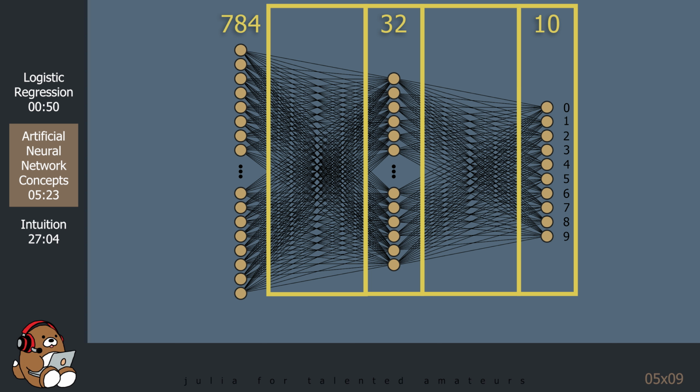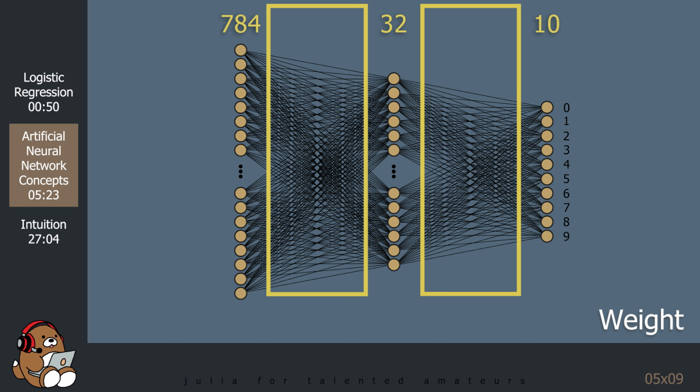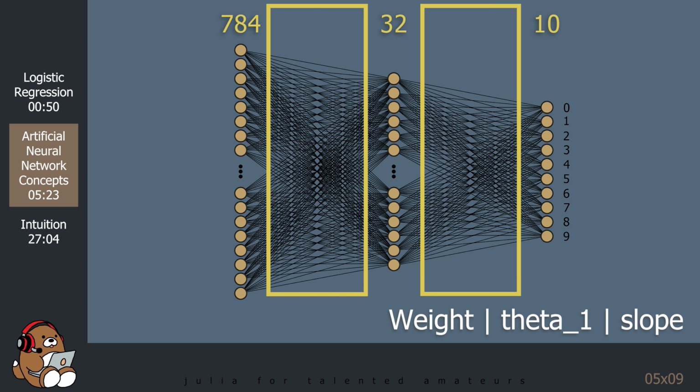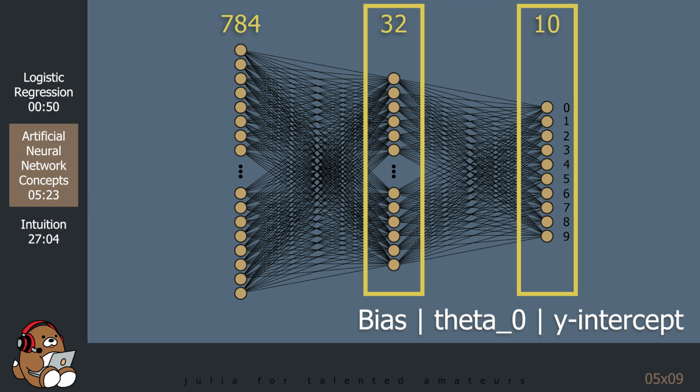Now, what are these parameters? The parameters along the edges are called the weight, and the parameters in the output nodes are called the bias. The weight is equivalent to theta 1 or the slope, and the bias is equivalent to theta 0 or the y-intercept.